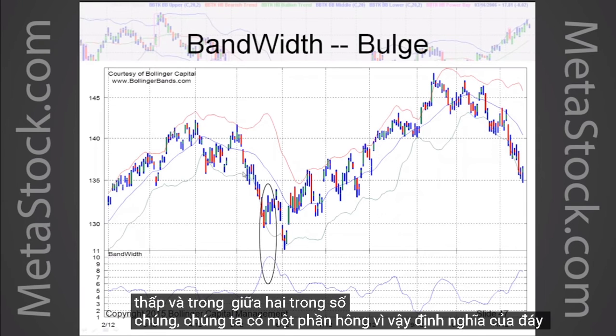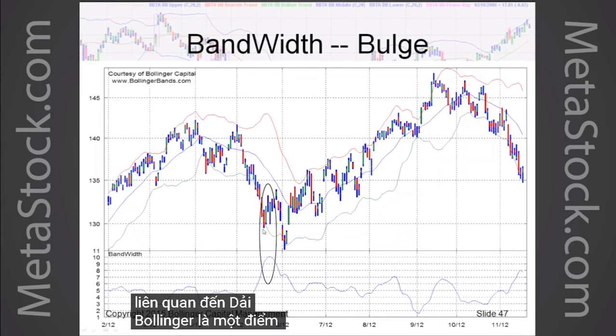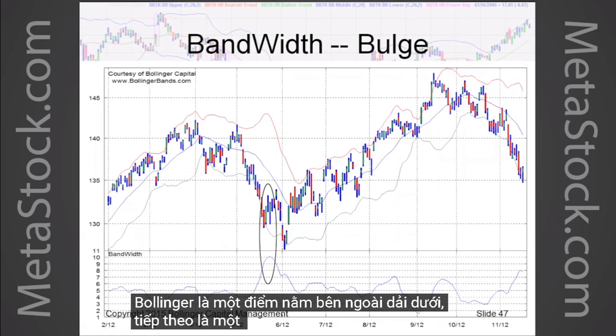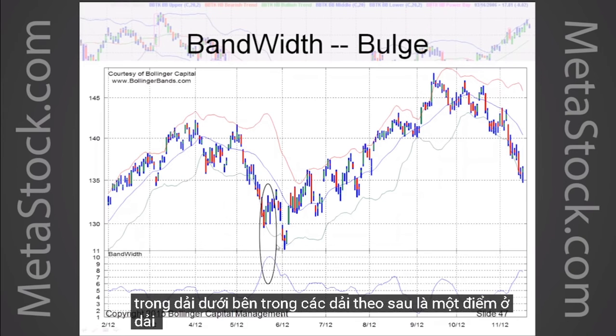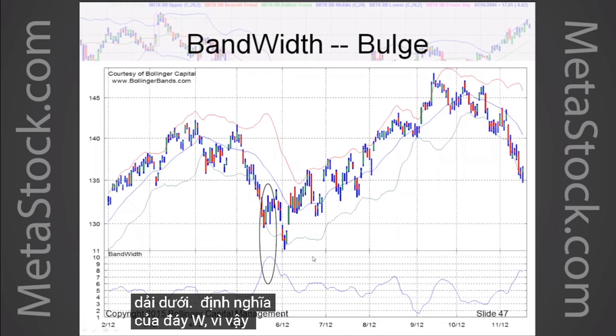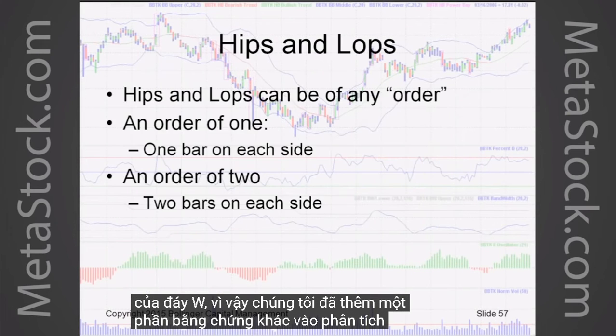So the definition of a W bottom in relation to Bollinger Bands is a lop that is outside the lower band, followed by a hip inside the bands, followed by a lop at the lower band. So that's the definition of a W bottom. So we've added yet another piece of evidence to our analysis of charts.